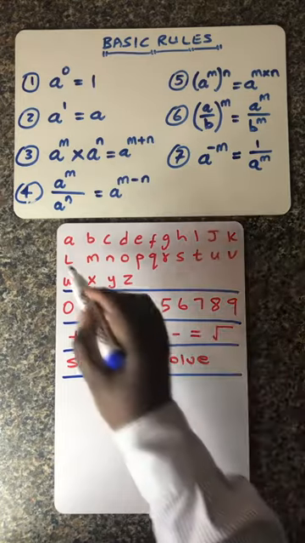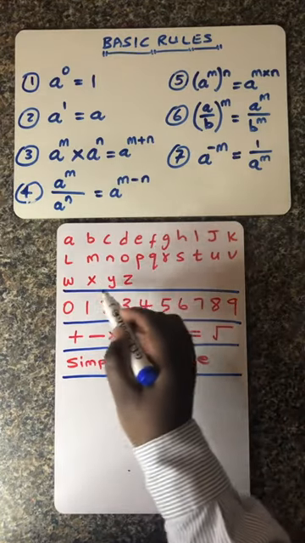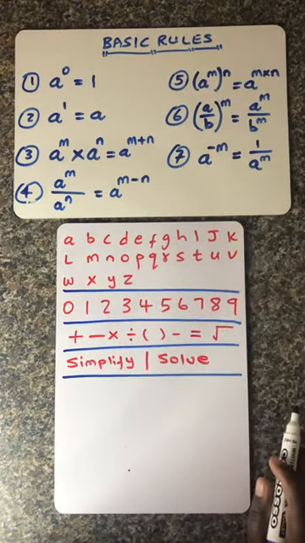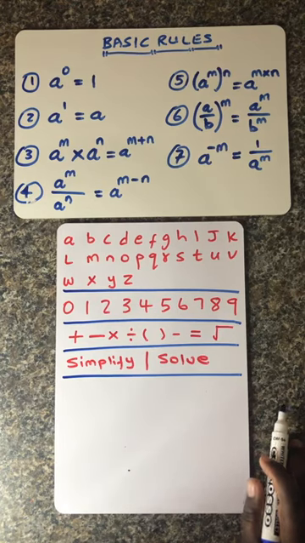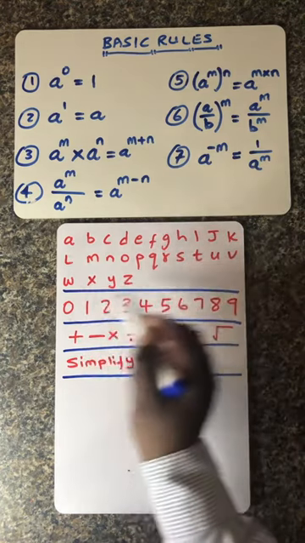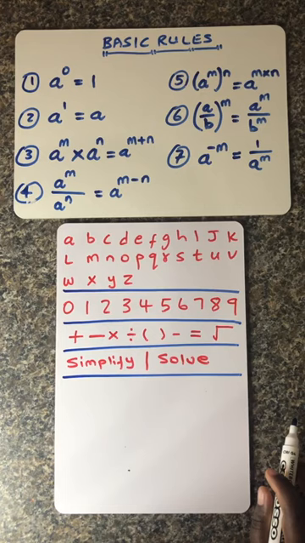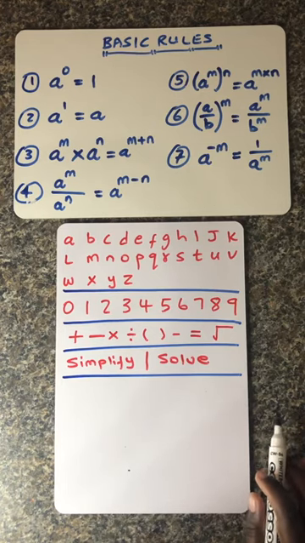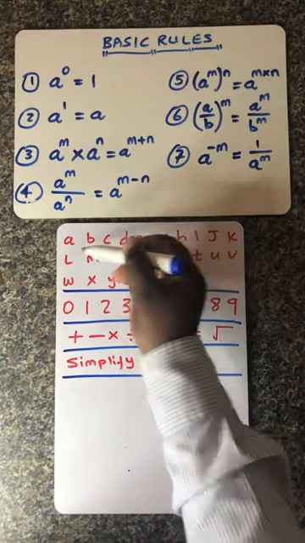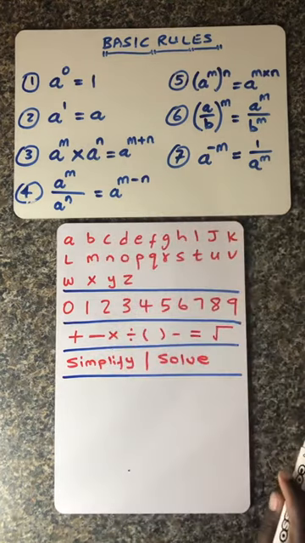Letters could be A, B, C, D, up to X, Y, and Z. They can pick any letter to form a mathematical expression, and they normally mix these letters with numbers.